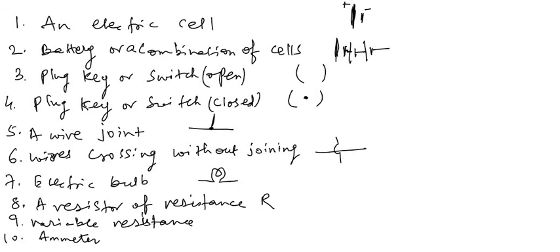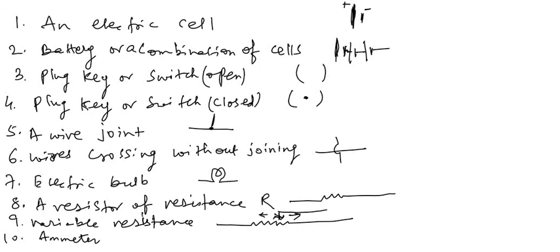A resistor of value R, this is our symbol, a zigzag. Variable resistance, we can draw like this and we give a kink. So we can move this kink either to the left or to the right to take the required amount of resistance.